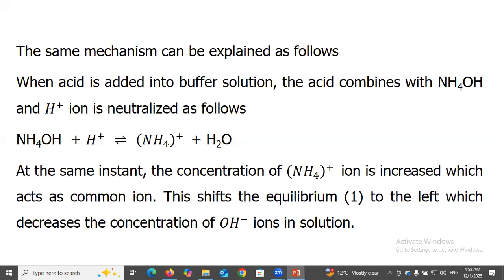When the acid is added into the buffer solution, the acid combines with ammonium hydroxide and the hydrogen ions are neutralized as follows. At the same instant, the concentration of ammonium ions is increased, which acts as a common ion. They shift the equilibrium to the left, which decreases the concentration of hydroxide ions in the solution.